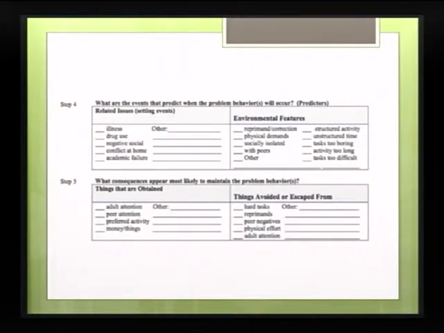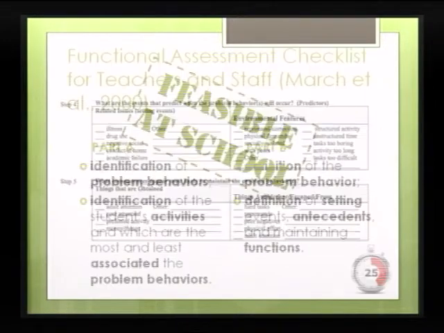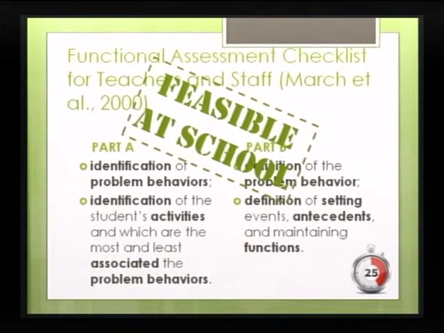So we are working on the antecedents of the unwanted behavior. This method is obviously pretty feasible at school, but unfortunately, only a few studies demonstrate its validity from a statistical point of view.